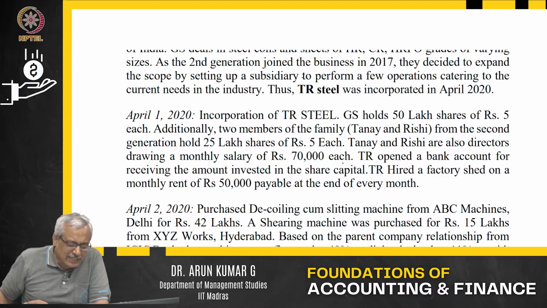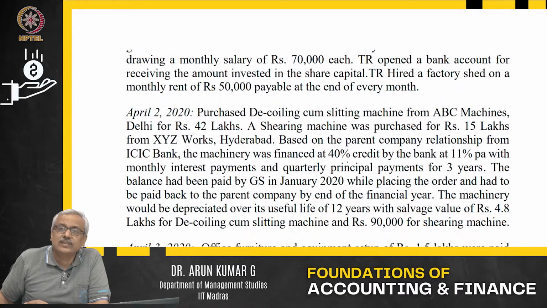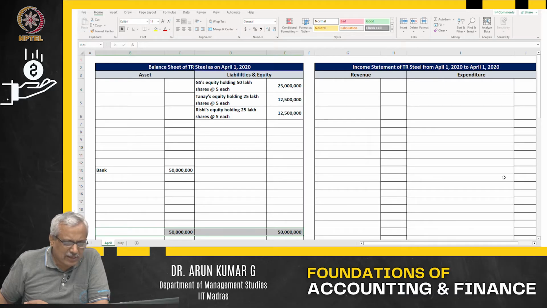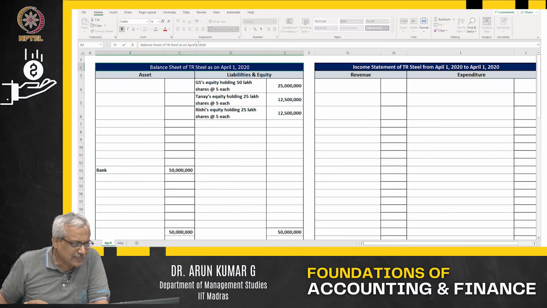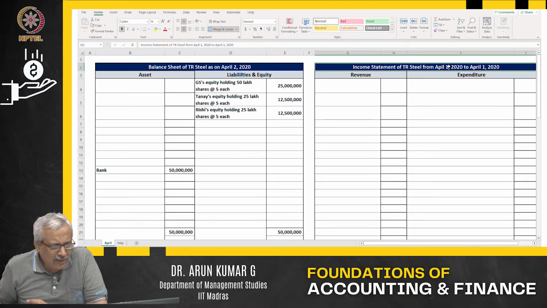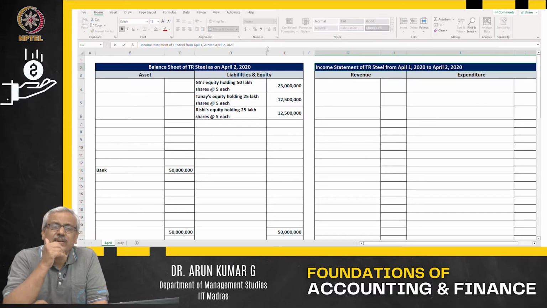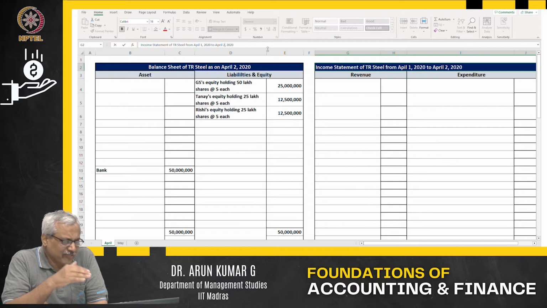Now I move to the 2nd of April transactions. I go back to my balance sheet and say, as of 1st of April, this is how my balance sheet and income statement is going to look like. Now let us go to the 2nd. I am just going to change the date out here, and on the 2nd morning my balance sheet is going to look like this, and let us see at the end of the day of 2nd how it is going to look like.